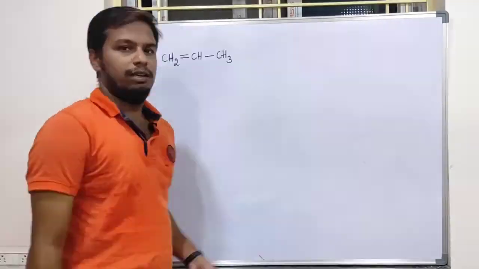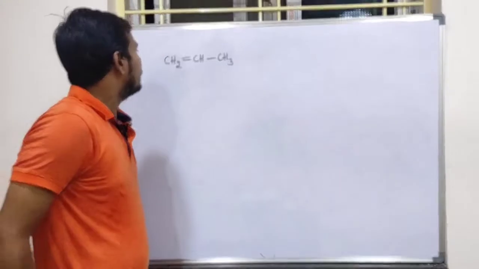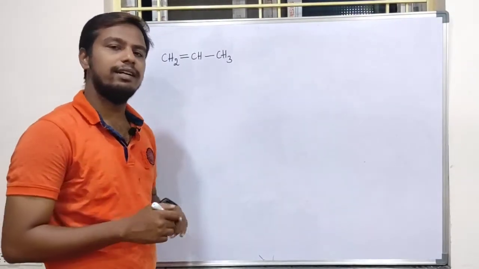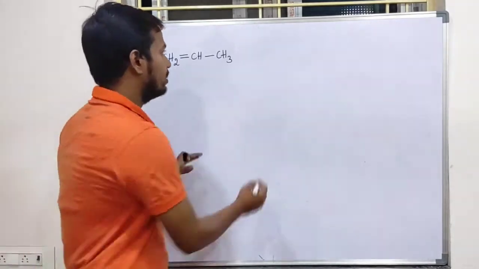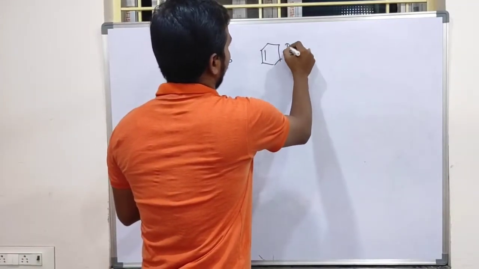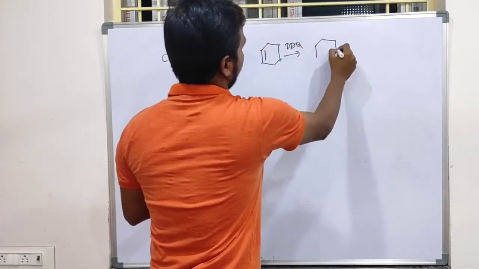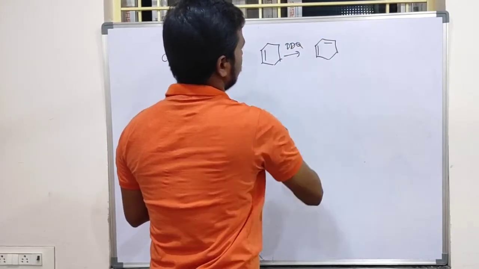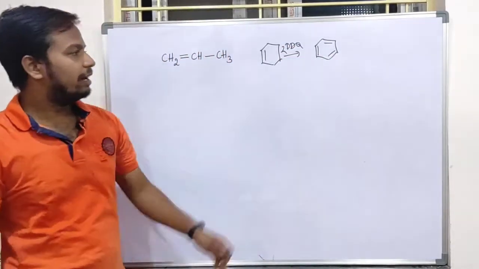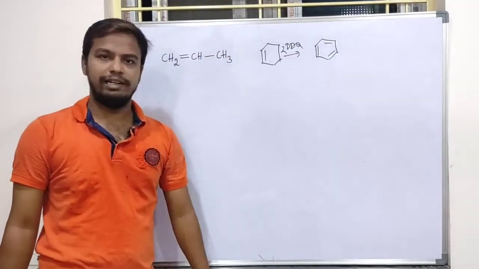So we will just find out another example. We have seen that dehydrogenations in general result in the formation of a double bond. Say for example, we have seen this type of molecule where upon adding DDQ we will be getting this type of species, and after adding another DDQ we will be getting it like this. So there is the possibility of dehydrogenation.